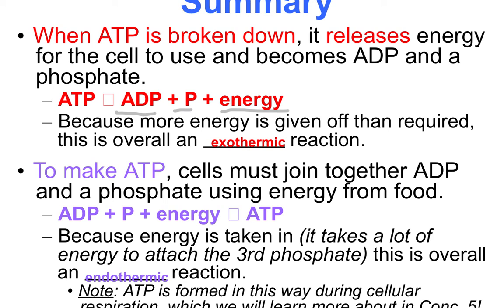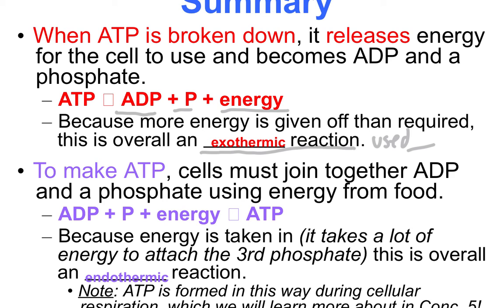Because more energy is given off than is really required in this overall reaction, this is exothermic. So the breaking of ATP to ADP is exothermic. Okay, and this is when it gets used, right? It gets used by the cells for cell stuff.